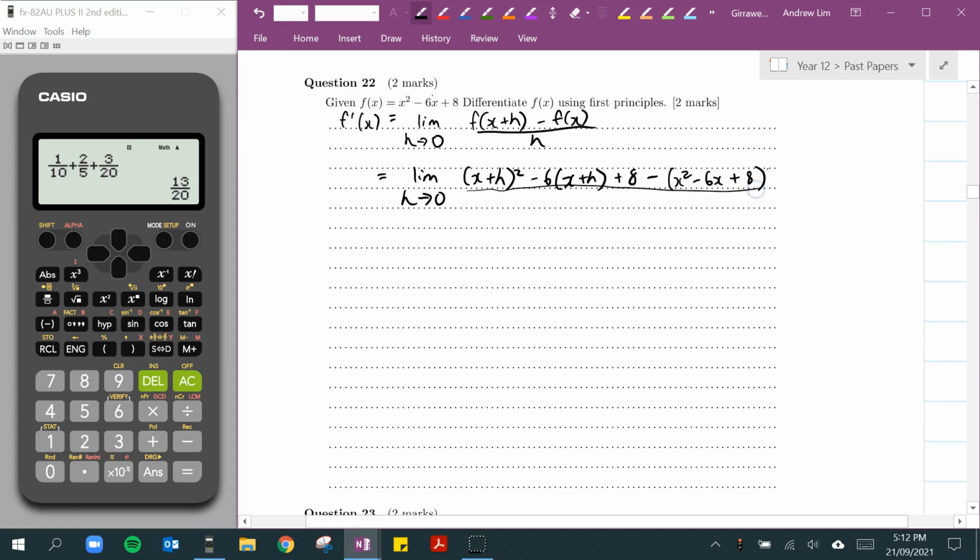all over h. Okay, I'm going to expand this out.